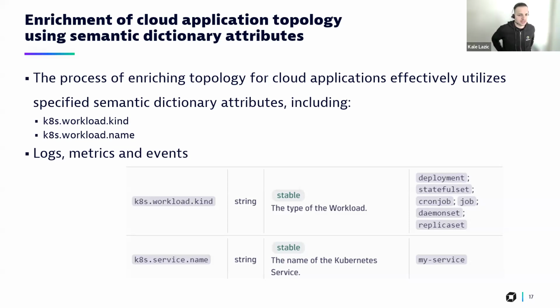When you, for example, ingest data, be it logs, metrics, or events, and you provide the dimensions, workload kind, and workload name in the Kubernetes domain in this format, Dynatrace will understand the association with its topology graph, or what you know as Smartscape, the topology relationship that powers the causational AI.